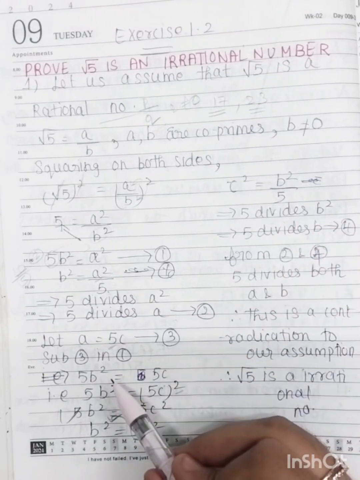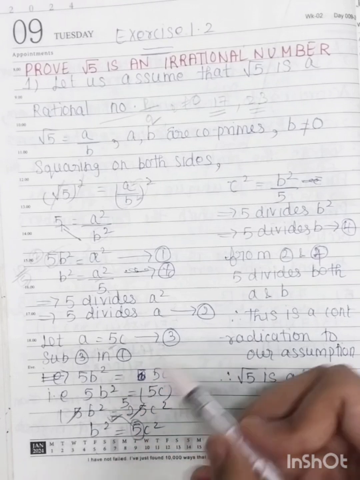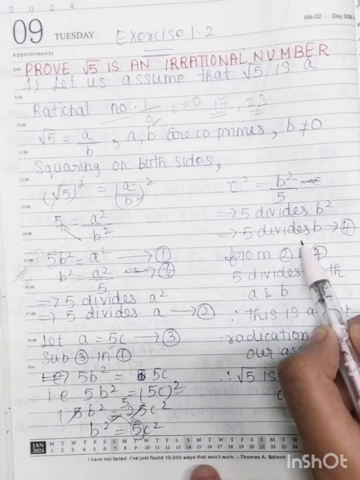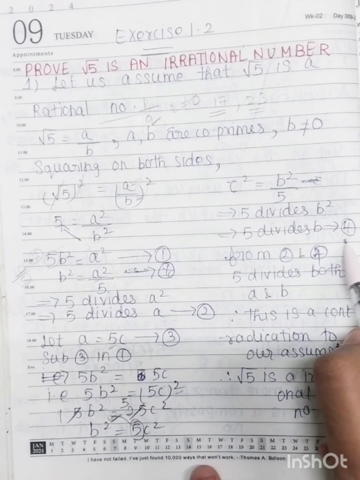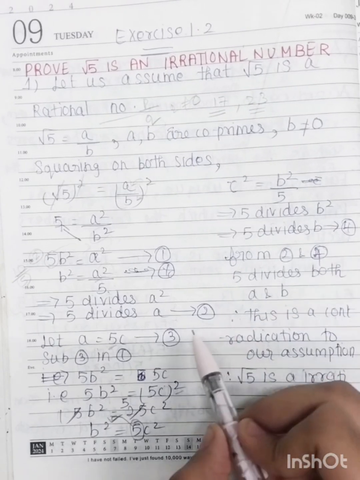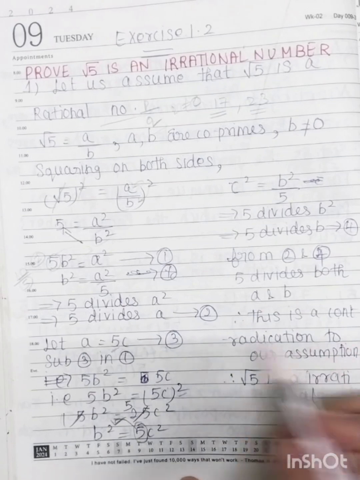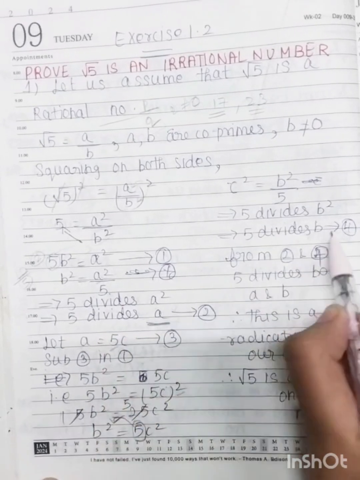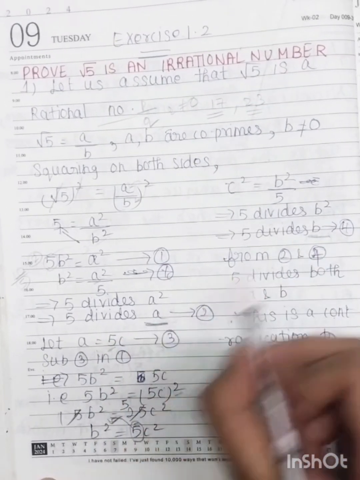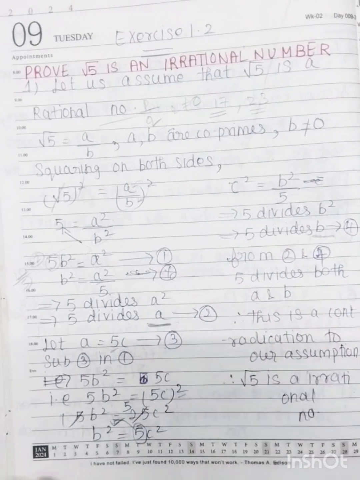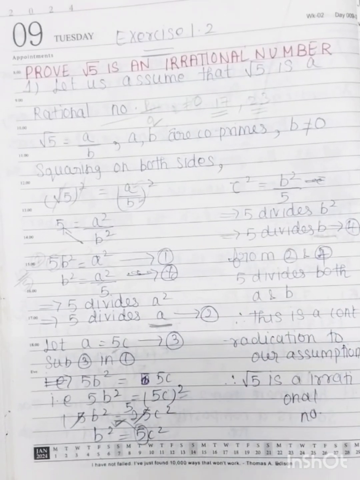So I am assuming a value and substituting, so that I can get that 5 divides b square and 5 divides b. I'm taking this as my fourth equation. From equations 2 and 4, we can say that 5 divides both a and b. So 5 is a number which divides both a and b.